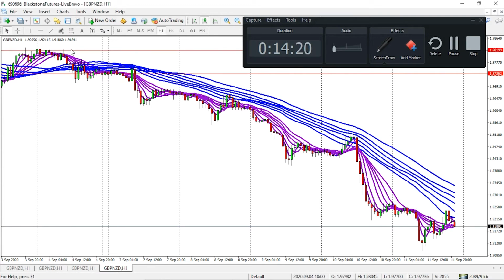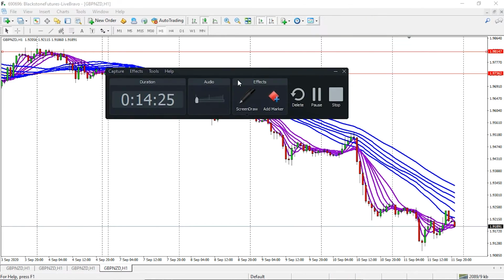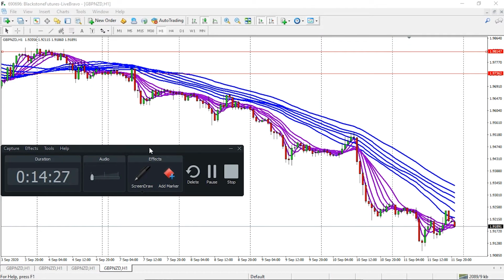On this particular trade, you can see that when our purple started to top out or form a little bit of a dome shape, it illustrated that price momentum had started to slow.